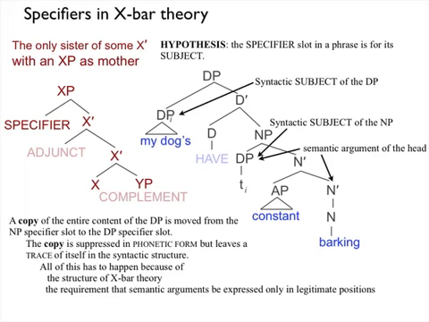And so there's a constraint to the effect that you interpret things based on the positions in trees that they're in. And if you're a semantic argument of something, and you're the agent argument of something like barking, then you're going to be in that position as that would be a legitimate position.